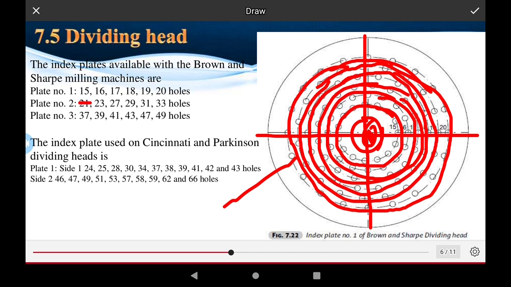Plate one has 15, 16, 17, 18, 19, and 20 holes.